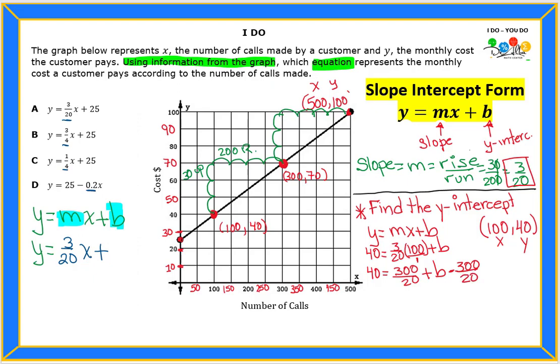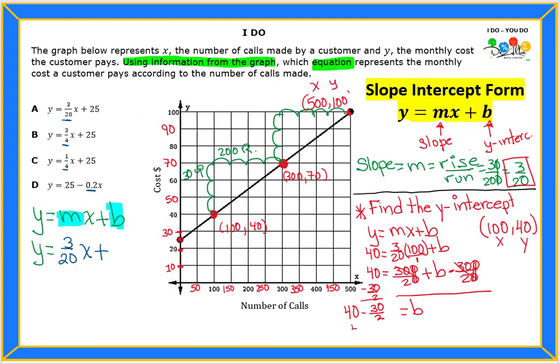I know we can cross out the zeros because it's like you divided by 100. So it's actually take away 30 over 2. Okay, so that's what I'm taking away. So the numbers are gonna cancel on the right, and I'm gonna end up with b equals, and I got now 40 minus 30 over 2, right?